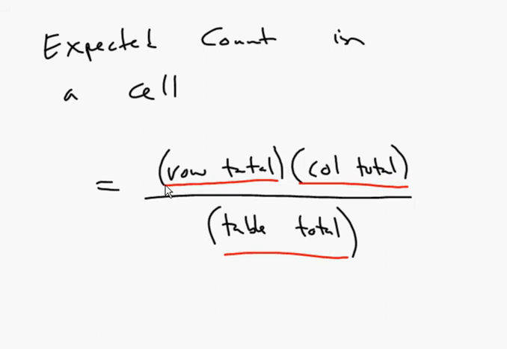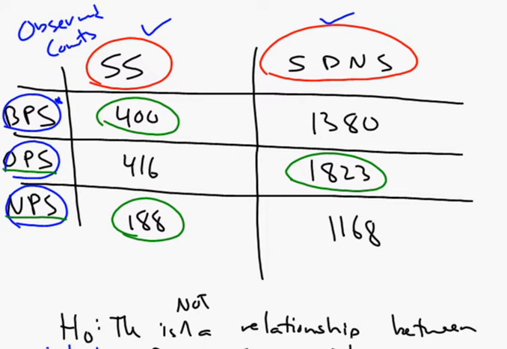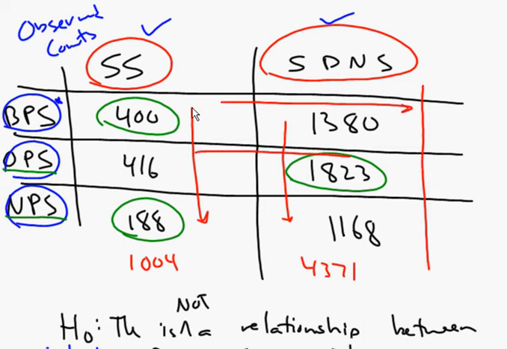Okay? So back on this table, what you'll notice is I'm kind of missing what the row totals were and the column totals were. So I'll tell you that if you add these three numbers down, you'll get a column total of 1,004. And if you add these, you get 4,371. And then if we add across to get the row totals, like this, we get the following numbers: 1,780, 2,239, 1,356.